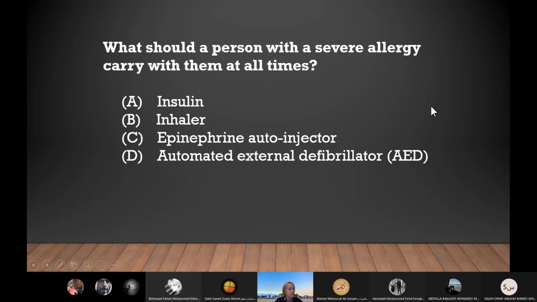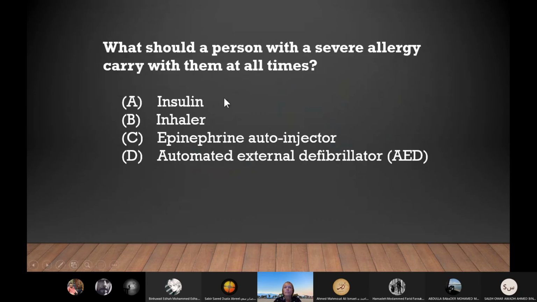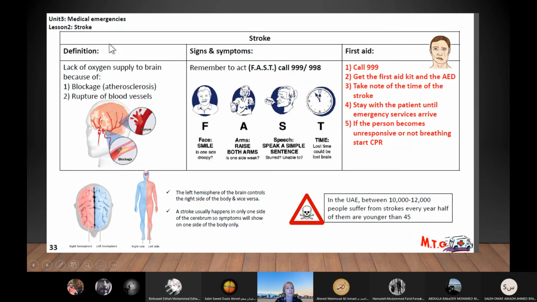What do we call that? Do you remember? So we call it the epinephrine or the adrenaline auto-injector. So that's called the EpiPen or the adrenaline auto-injector. This is what somebody with a severe allergy should carry with them at all times.